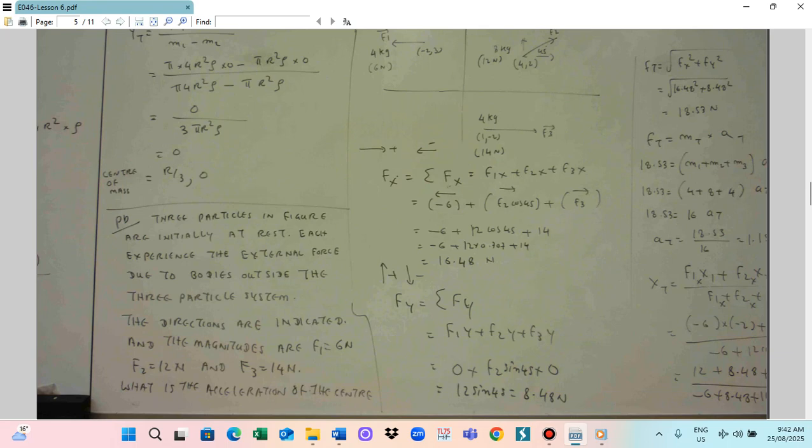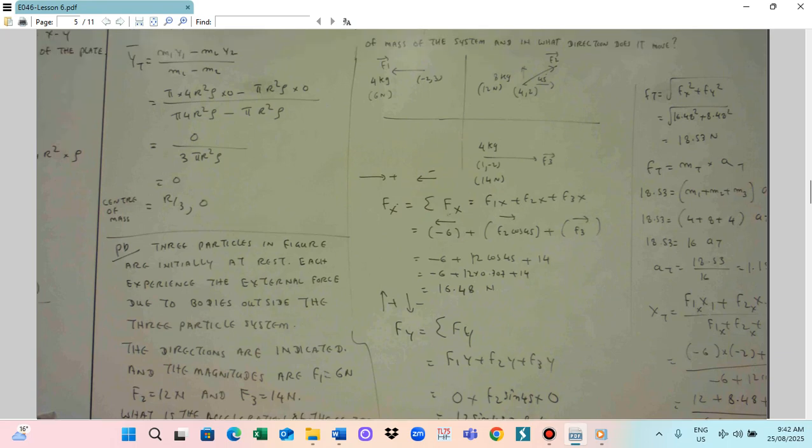So in this case, you have to find the center of mass transformation. So F2 can be calculated. For the summation of F, we assume that this direction is positive and this direction is negative. So in this case, F1 is minus 6, plus F2 cos 45, plus that direction F3.